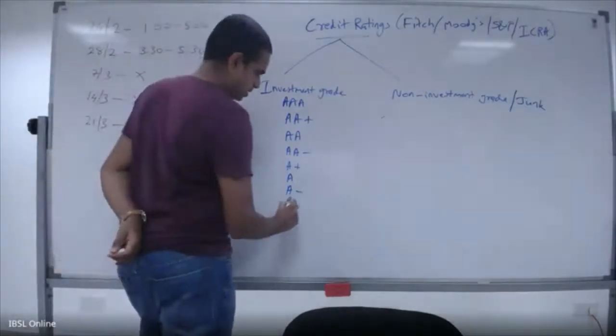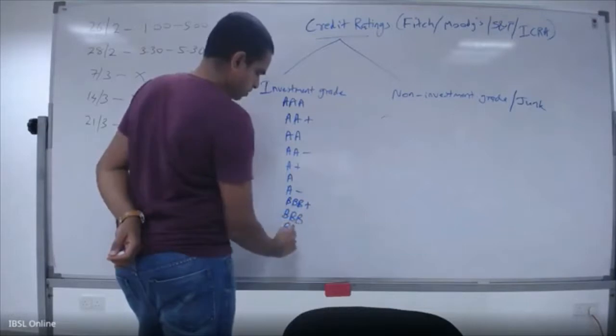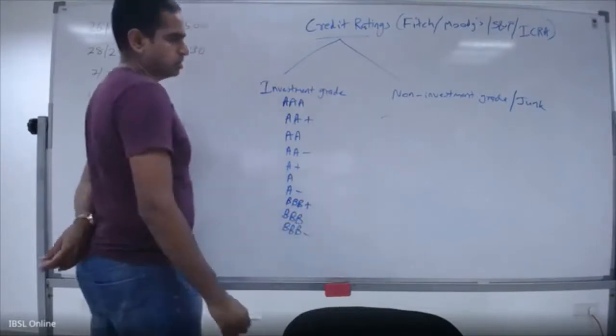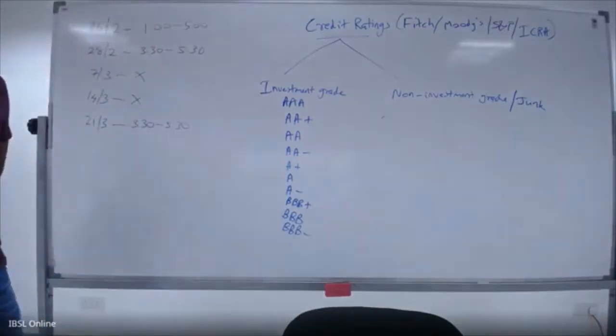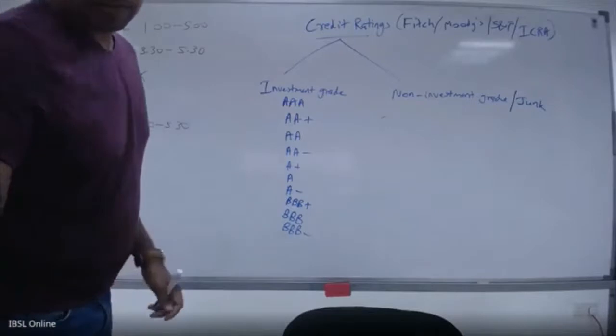Then triple B plus, triple B minus. And so what is the lowest possible investment grade?